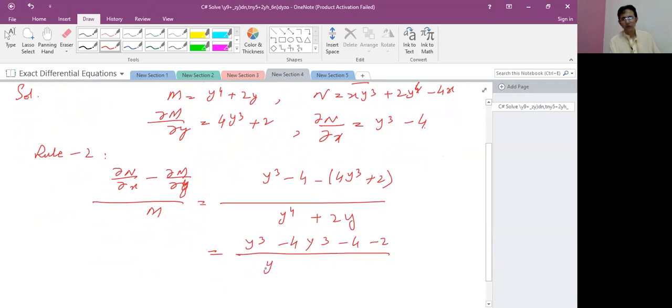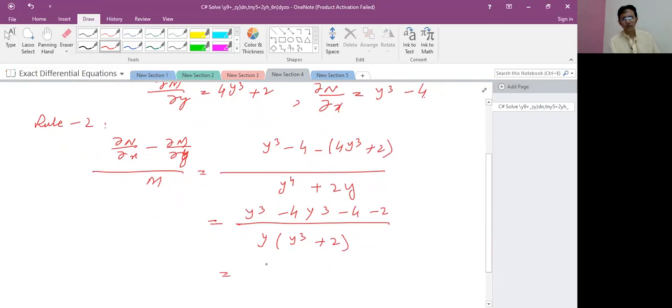y cube minus 4 minus 4y cube minus 2. So in y4 plus 2y, if we take y common, it is y into y cube plus 2. So minus 3y cube minus 6.